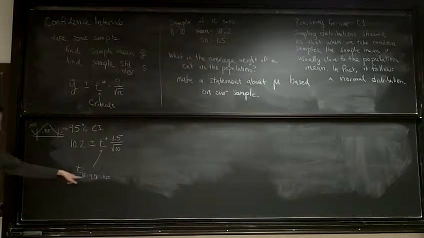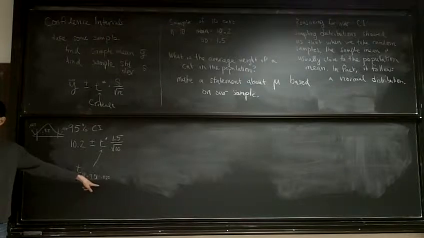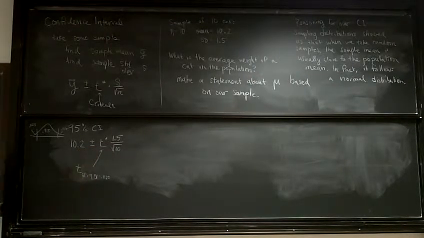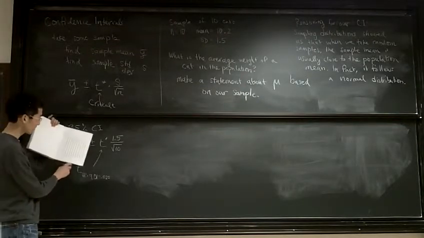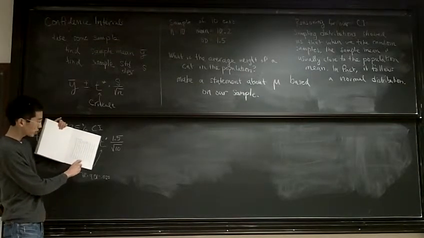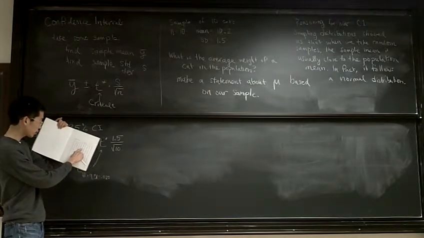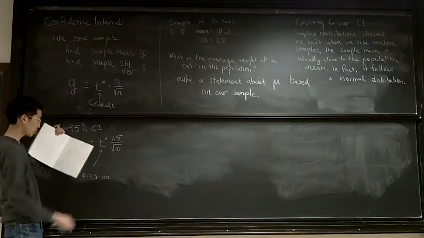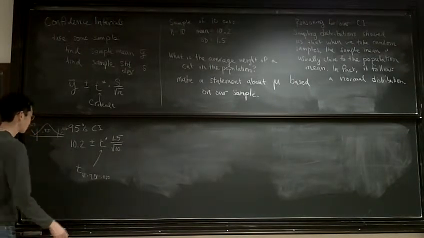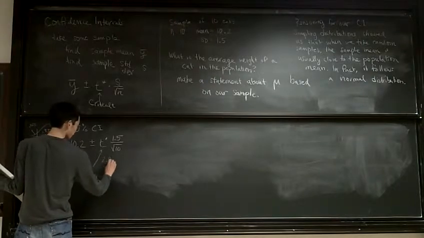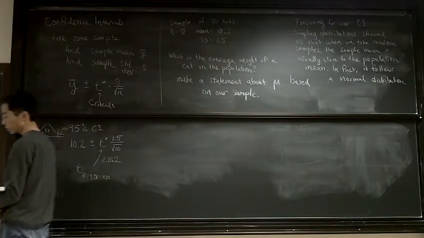The book calls it t 9, 0.025, but I just like to call it critical t. We can find this easily by looking at the t table. We go to 95%, and up to 9 degrees of freedom, and we have 2.262.